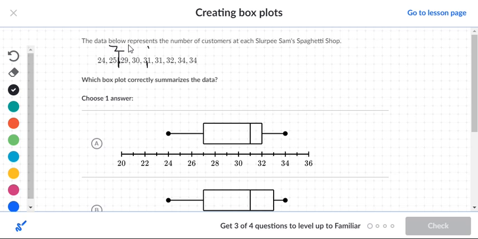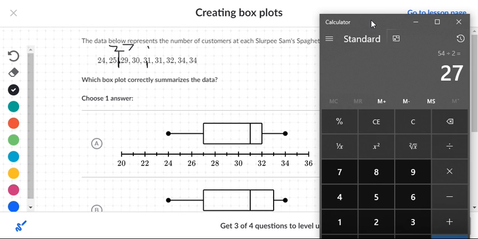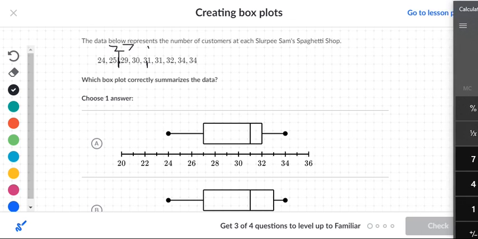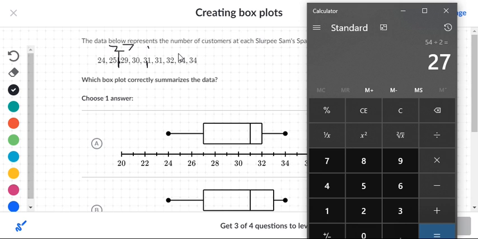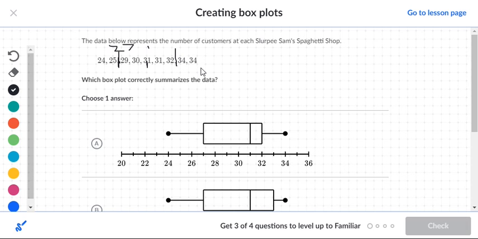So this is at 27 here. And this one right here is between 32 and 34. Well, what's between 32 and 34 is 33.